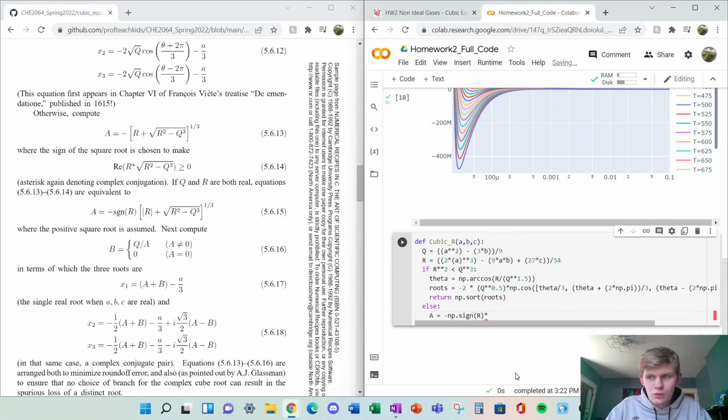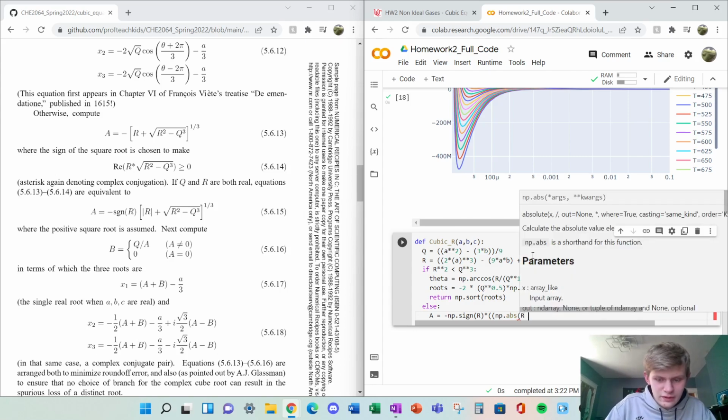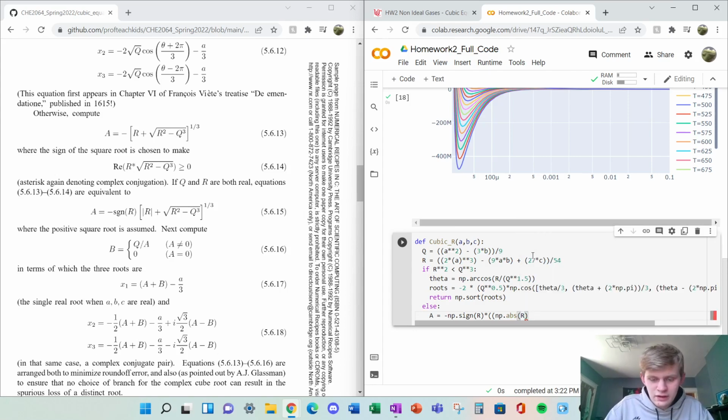And then we will compute the rest of this equation here. So first, we need to put our numpy function of absolute value of R in. So we will then have our R plus, have a big old equation here to make sure everything's sitting within the function.